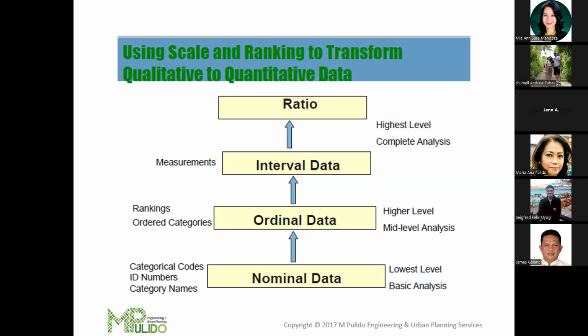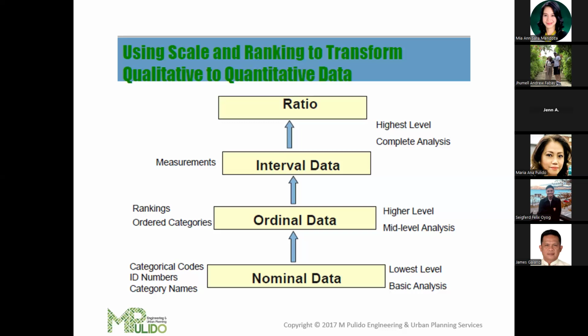And then we also have interval data, where the difference between values is meaningful and consistent, but there's no true zero. What do you mean by that? For example, temperature in Celsius is a classic example. In environmental planning, perceived level of service adequacy on a 0 to 10 scale can be treated as interval data, assuming equal spacing.